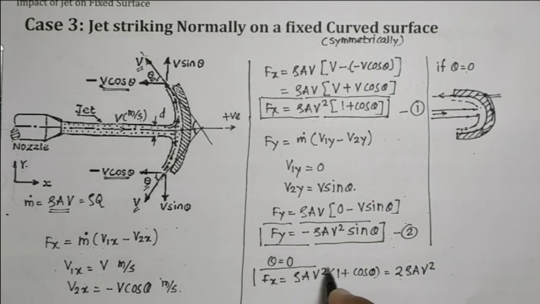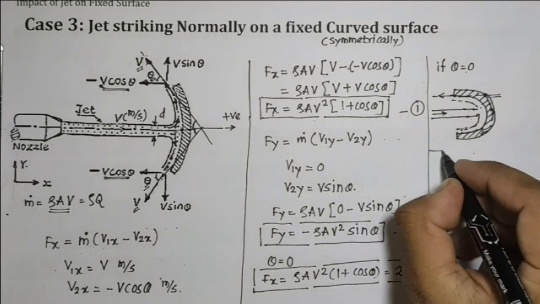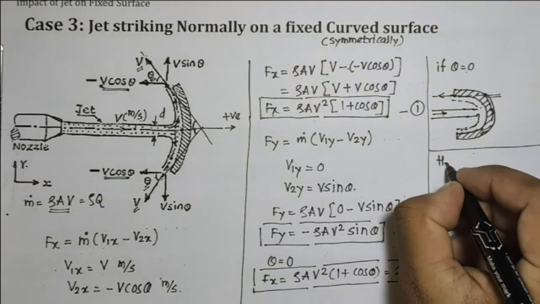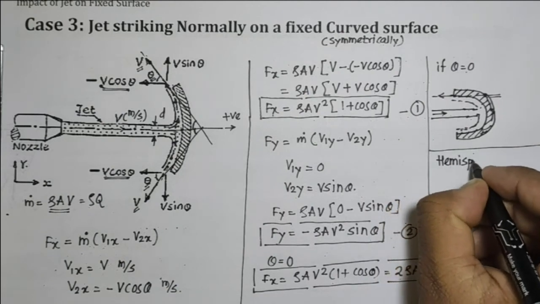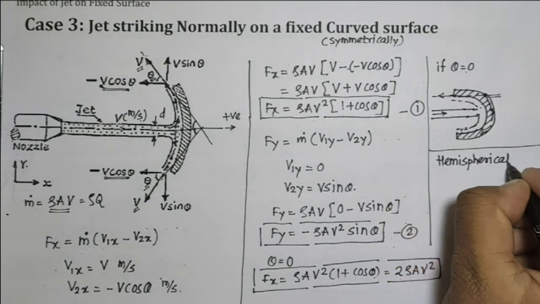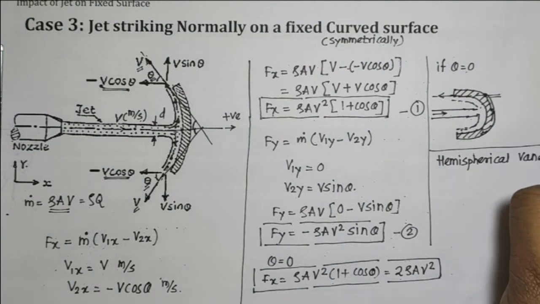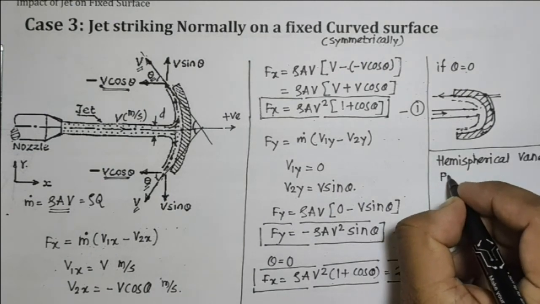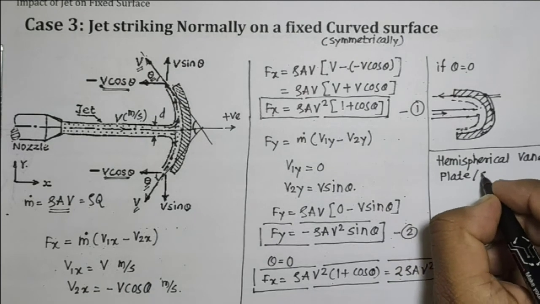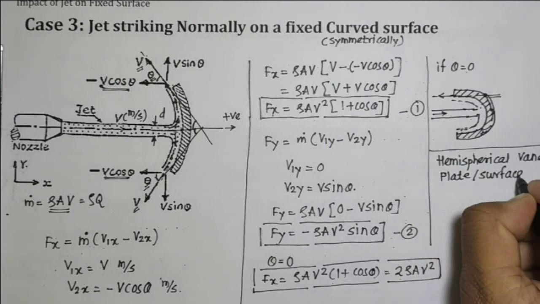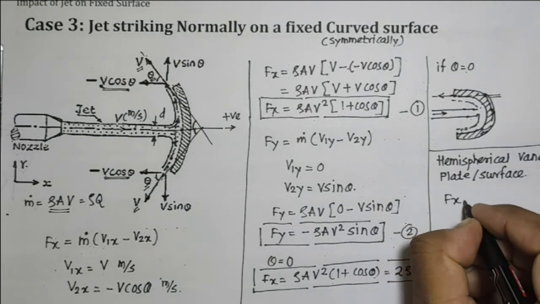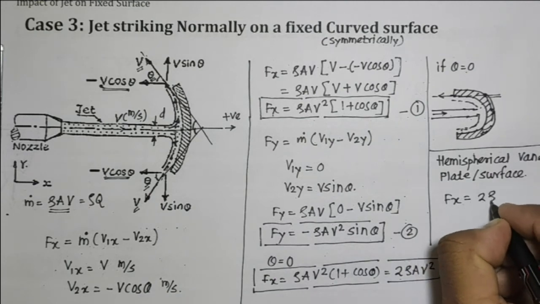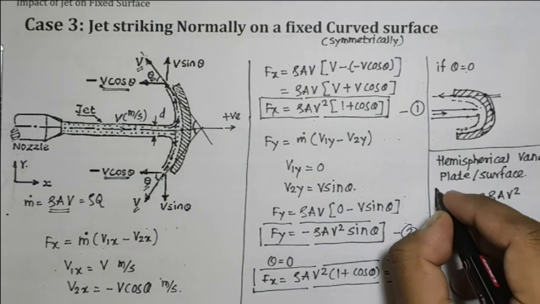So we can say that for a hemispherical plate or surface, the force Fx is equal to 2 rho a v square.